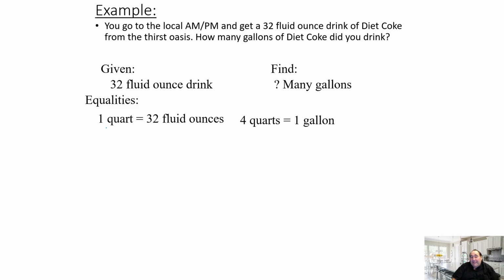Okay, so let's see how you're doing. We're obviously starting with fluid ounces. We want to eventually end up in gallons. So we could go from fluid ounces to quarts and quarts to gallons. So sort of our first and second step here. These are two equalities that will get us there. For our equality over here, we could write 4 quarts is 1 gallon.